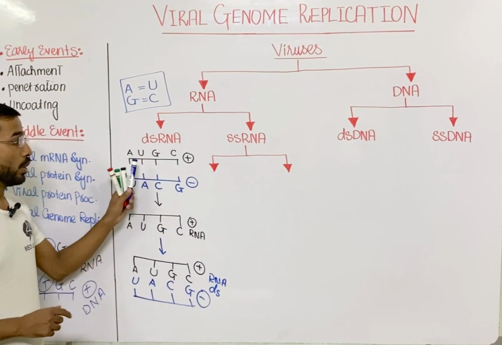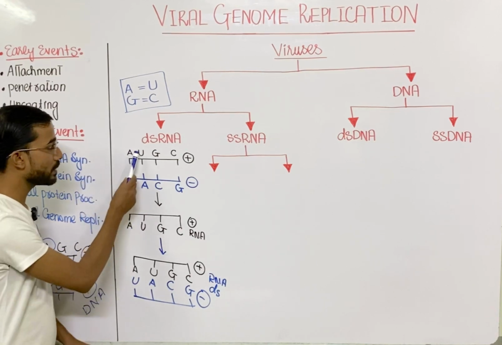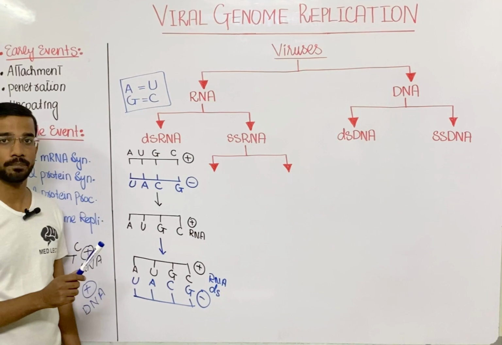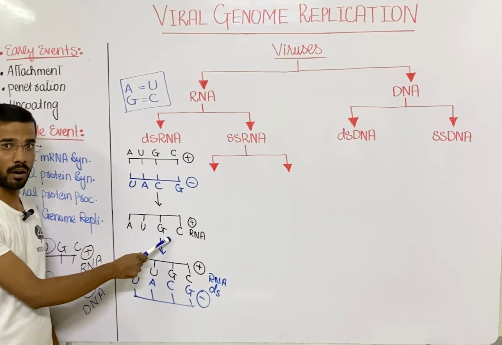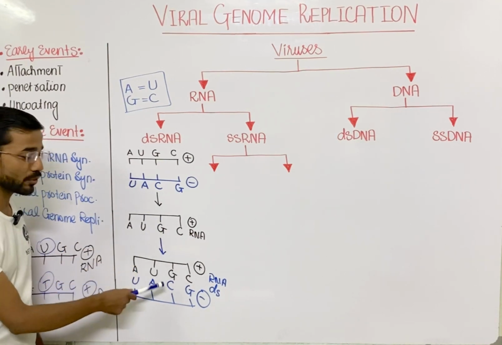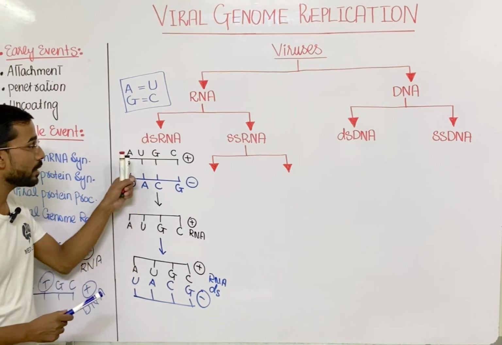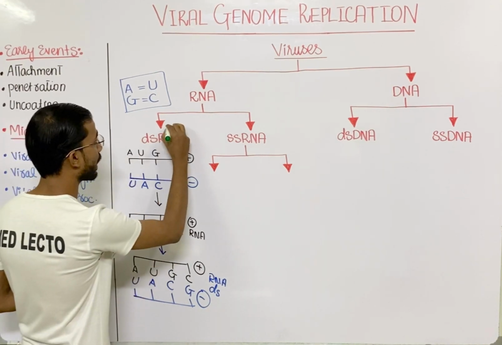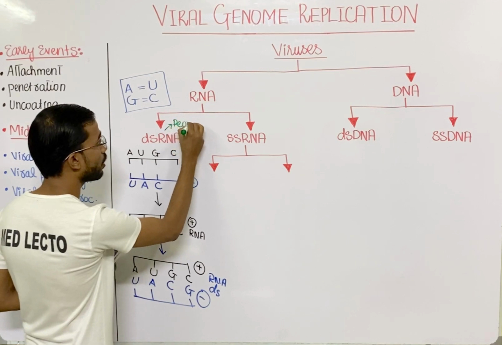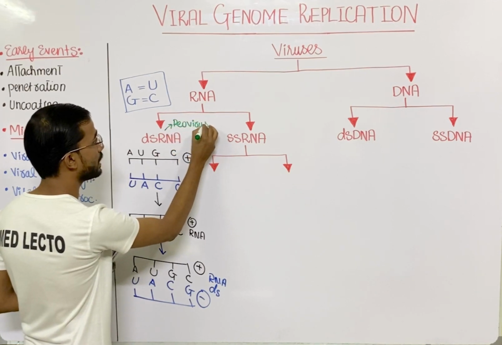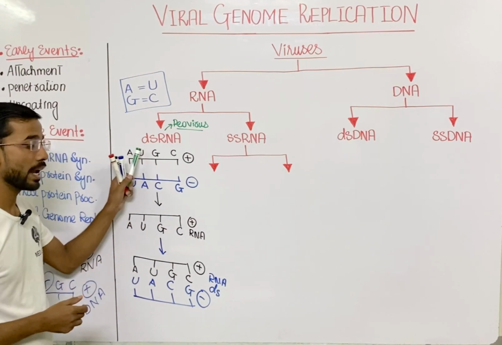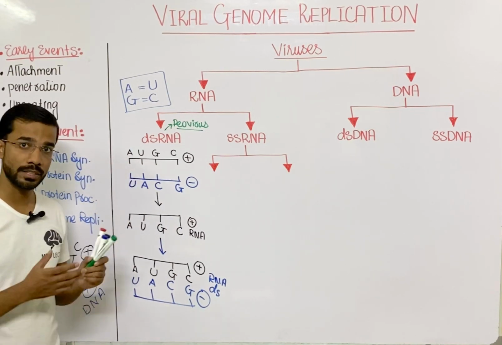So that's the main process: from the double stranded RNA, it will first form the positive strand RNA, single stranded, and after that it will convert into the double. The most important example of double stranded RNA is the reovirus. This is how reovirus replicates its genome.